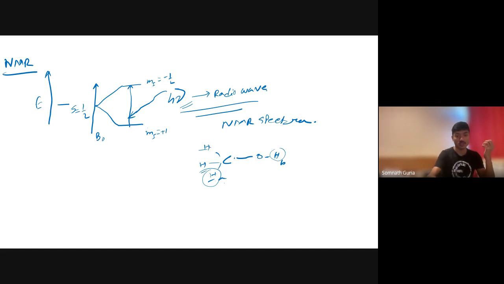Okay. Now interestingly, we have some nuclei. Let's suppose we have the proton, we have the carbon, we have the fluorine, we have the phosphorus, everything. They have different magnetic moments, different I values.